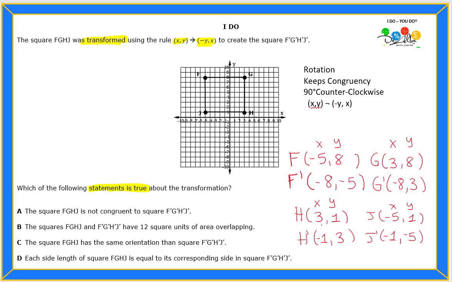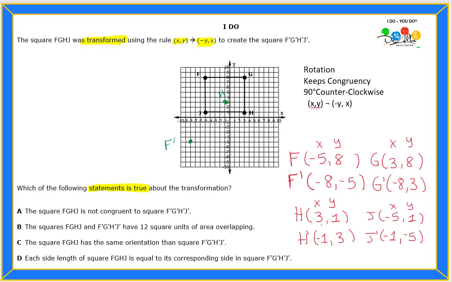Okay, so let's start with the points. -1 is going to be here, and a +3. And this is H. Okay, -8 and a -5. This is -8 and this is -5. And this is F prime.